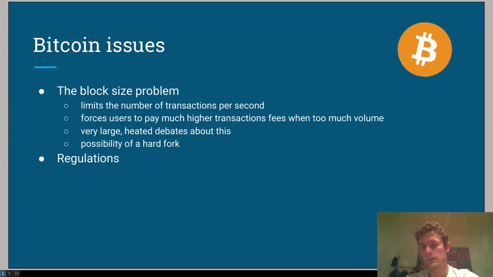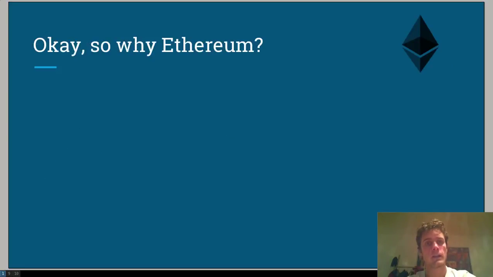That's something in the same way that it is being done for weapons in the US, for example, where now regulation are a bit more strict, although they're still not very strict to European standards. It's something that might also happen for Bitcoin, depending on which direction it goes. And lastly, the problem of centralization, which I already elaborated on before.